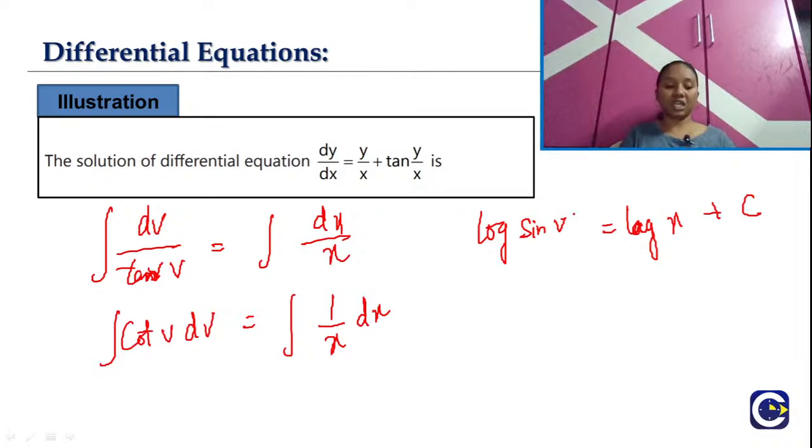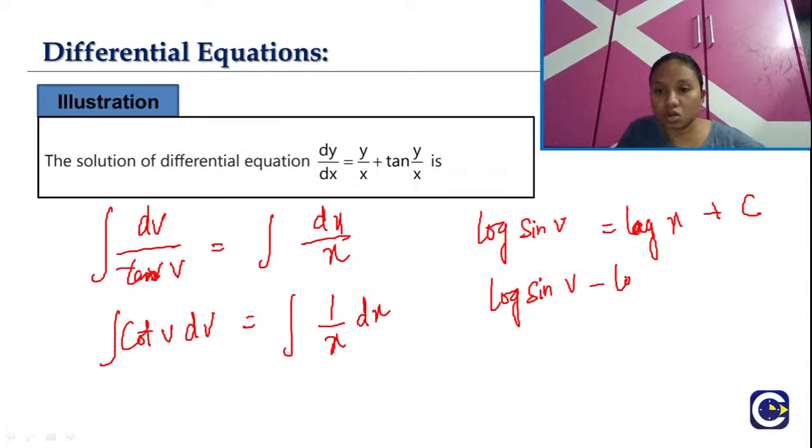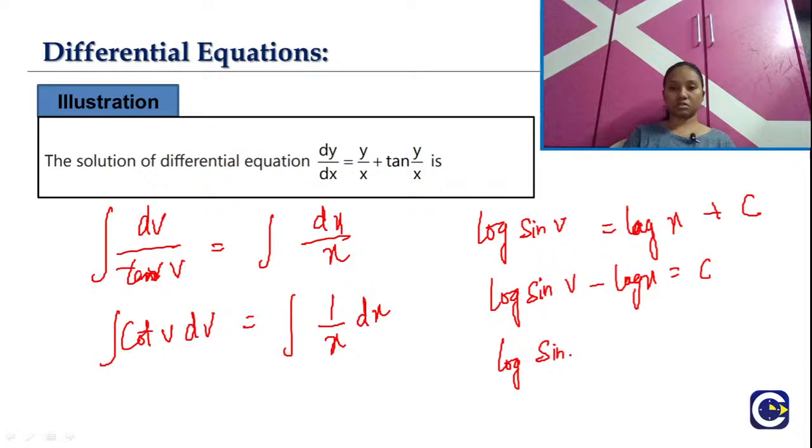But here we cannot leave it in terms of v, right? So log sin v minus log x will be equal to a constant. This can be rewritten as log of sin v by x equal to c.